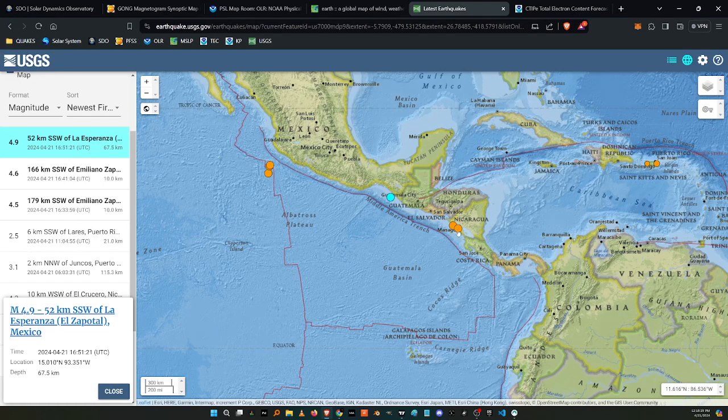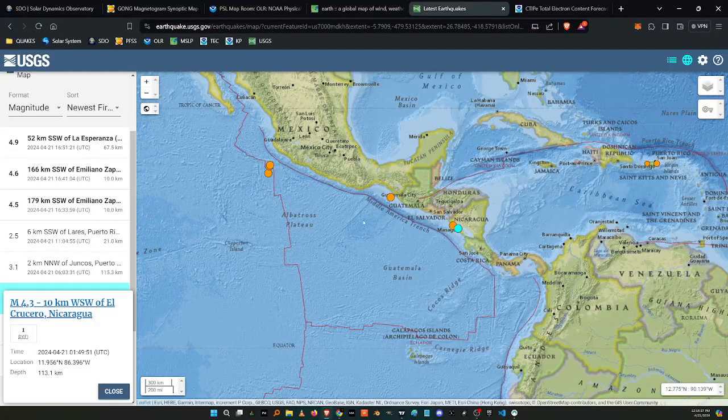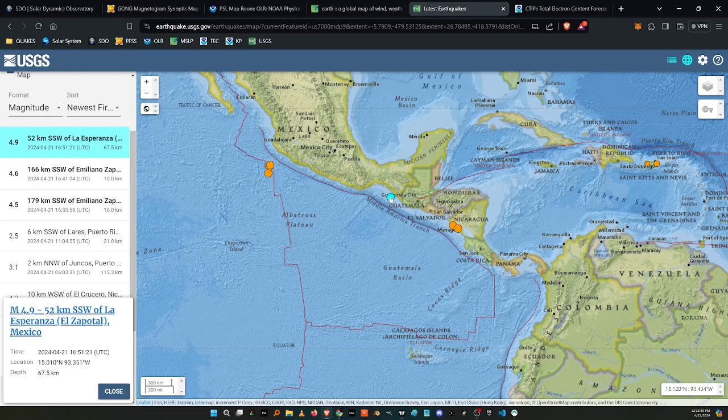And if you see 4 magnitude events like this, it could be deeper. When you see 4 magnitude events at 60 kilometers or deeper, it's common that that is a precursor to a larger event. So I would keep eyes in this general region right here because these are all 4 magnitude events. And again, this is a default, so it might be deeper. Nicaragua, Guatemala, those areas.